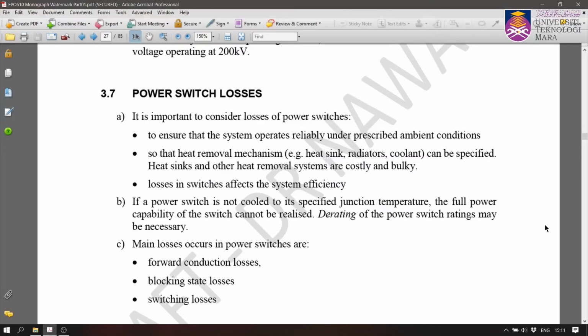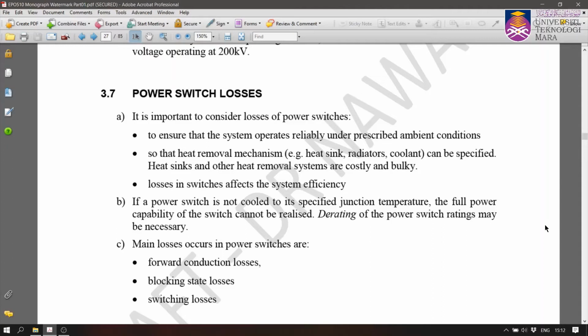Okay, for power switch losses, as I mentioned earlier, the goal of power electronics conversion is to have high efficiency, isn't it? So when it involves losses, these losses are actually converted into heat, which is energy loss, and we need high efficiency.